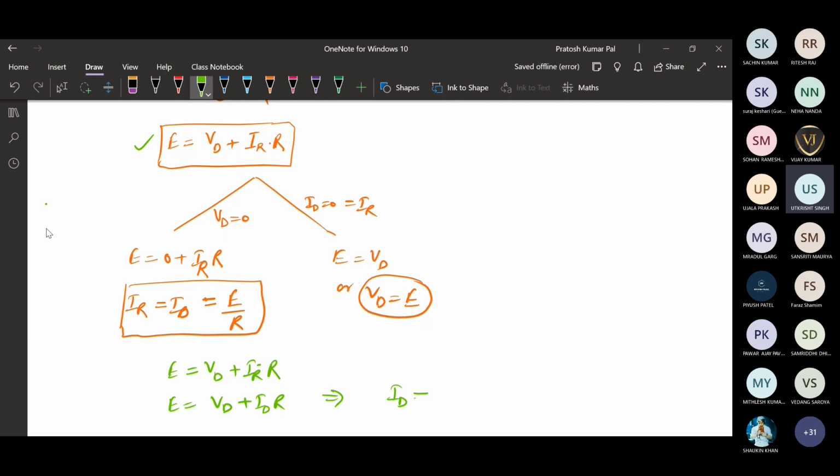ID will be equal to E by R minus VD divided by R.